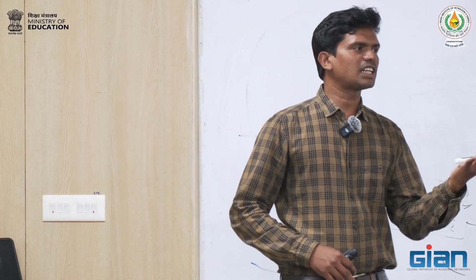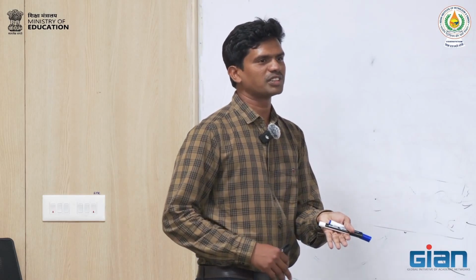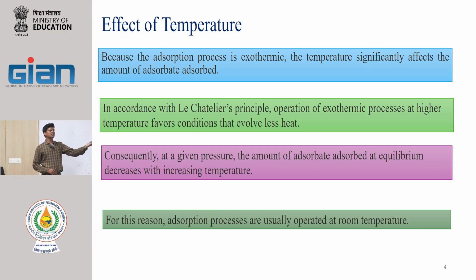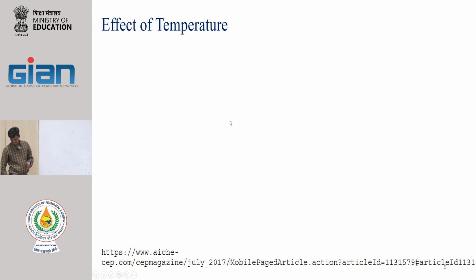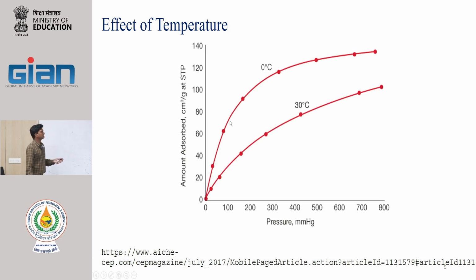If it has to evolve less heat, it has to adsorb a smaller amount. So as the temperature increases, you see the adsorption capacity decreases. That's why adsorption usually happens at room temperature, not at higher temperature. As the temperature increases at the same pressure, the adsorption capacity decreases.